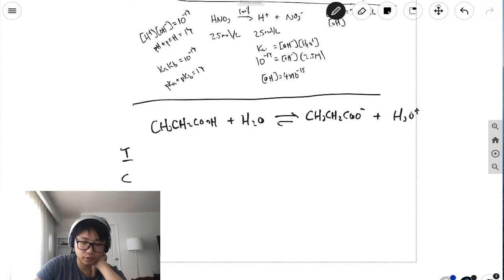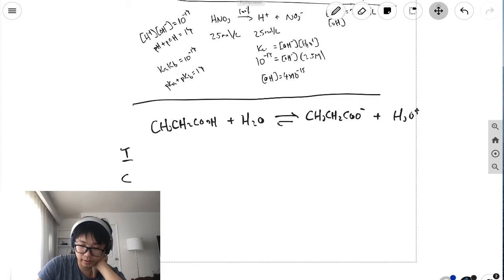So what we're going to do is build an ICE table. And probably we're supposed to have all the values for the end there, right? Because how else are we going to find Ka if we don't have all of those values? So let's go back. We have 0.1. So we know this is 0.1. Okay, just going to have to bear with me for a second here.